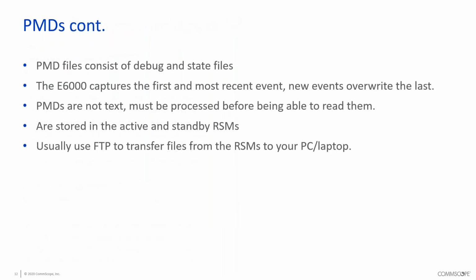So a little bit more about PMDs. They consist of 2 types of files. They consist of debug and of state files. Also, keep in mind that the E6000 captures the first and the most recent event, where new events overwrite the last event shown there.